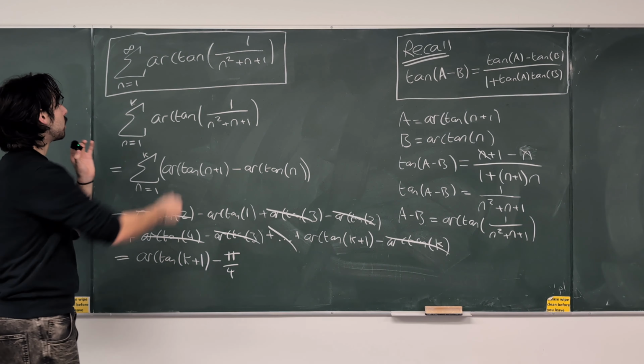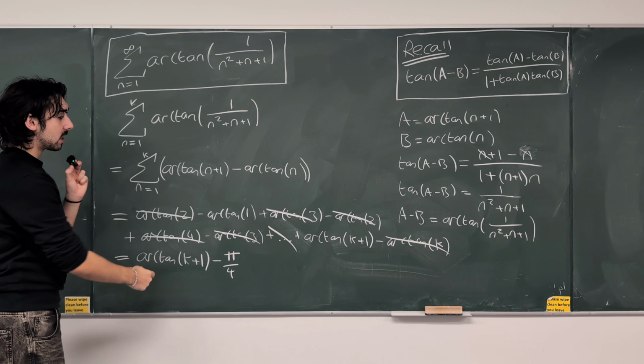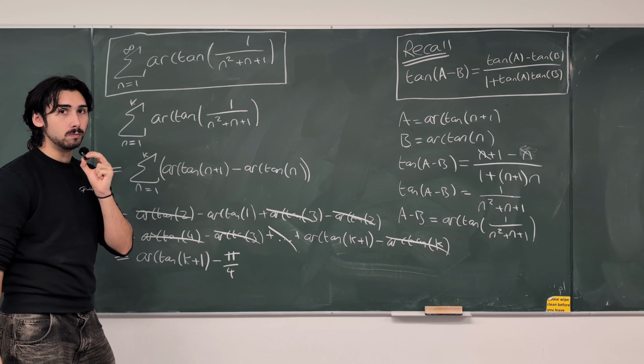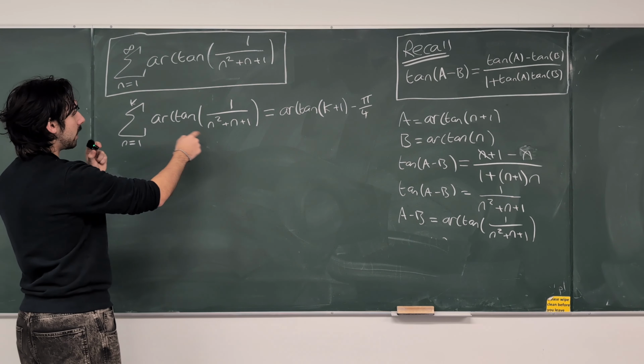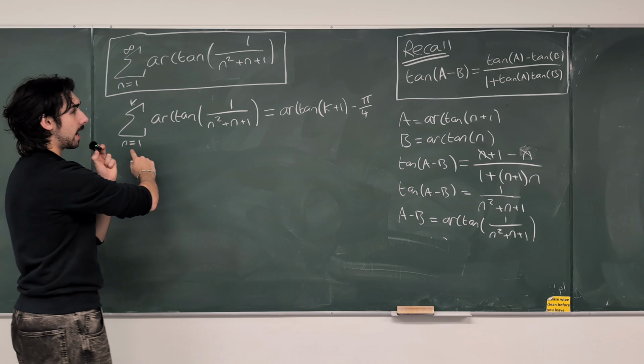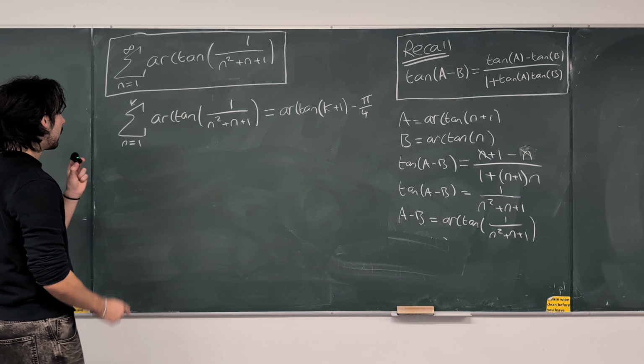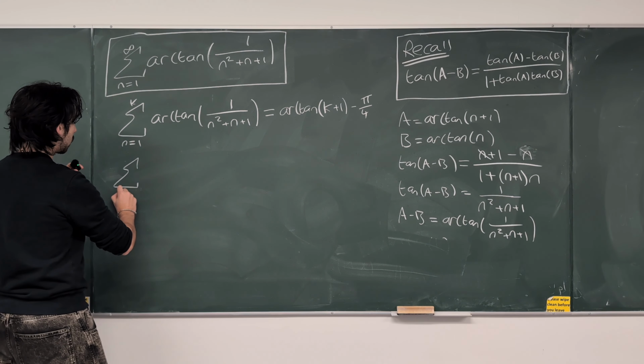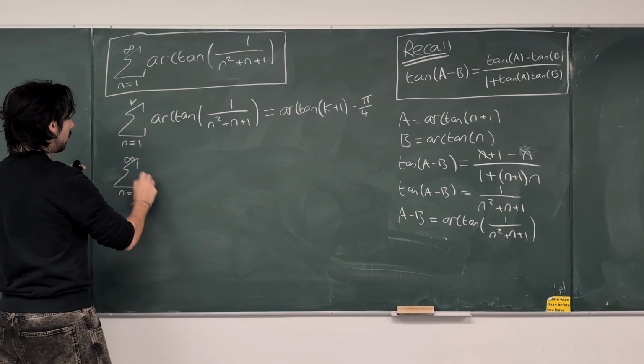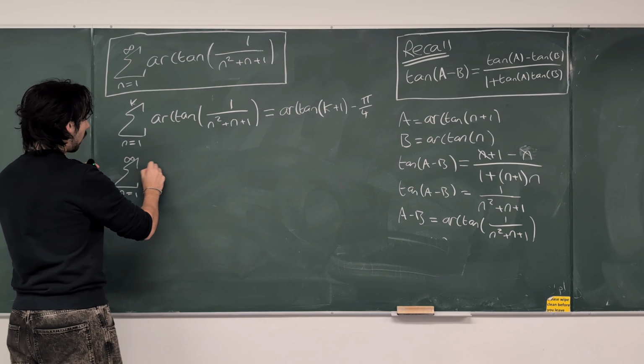If you do want to go to infinity, like in this question, you can now just take the limit, which we'll do now. So I've just condensed our result here so we can see this sum up to k terms is arctan of k plus 1 minus pi over 4. If we do want the sum from n equals 1 to infinity, though, of arctan 1 over n squared plus n plus 1, we can just take this limit.